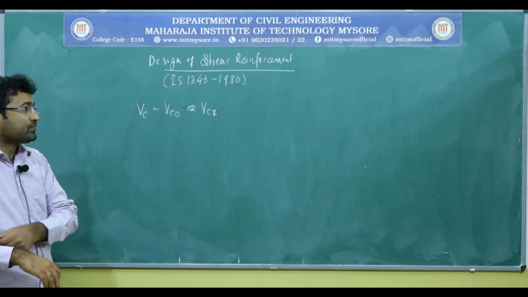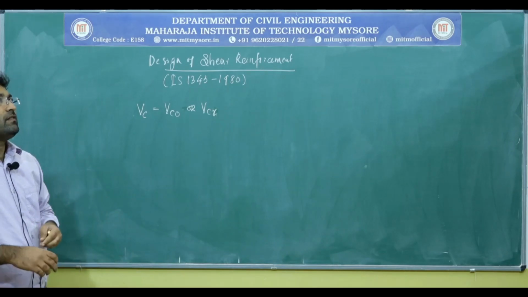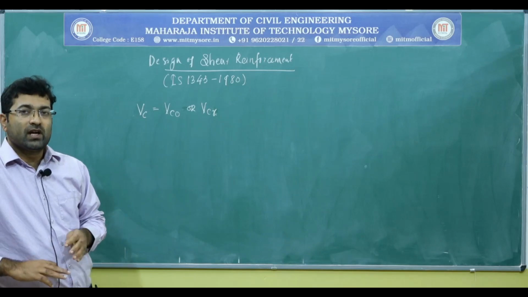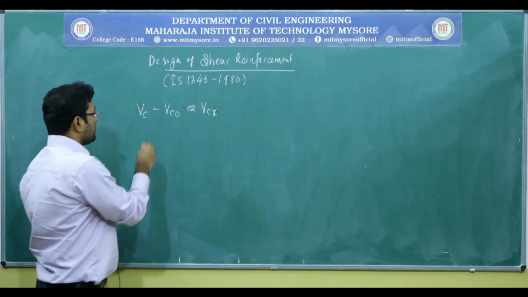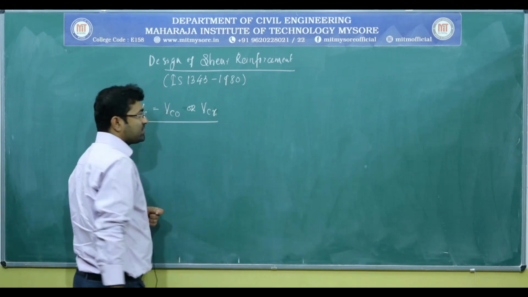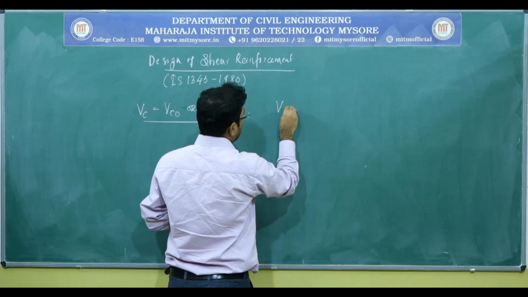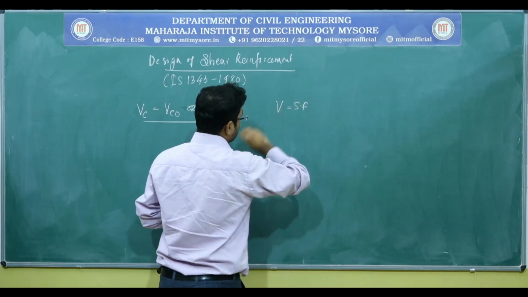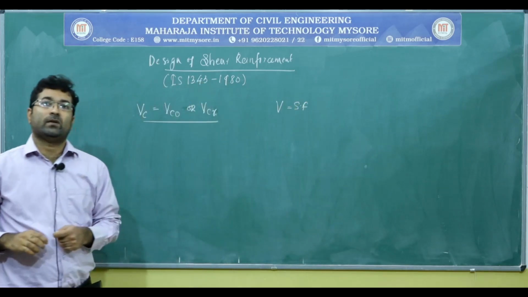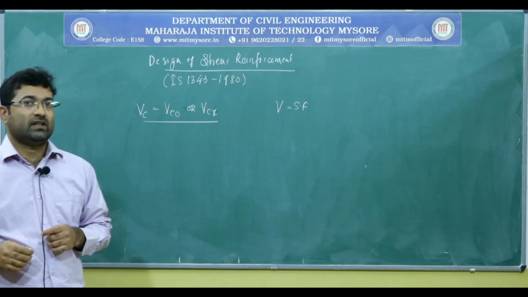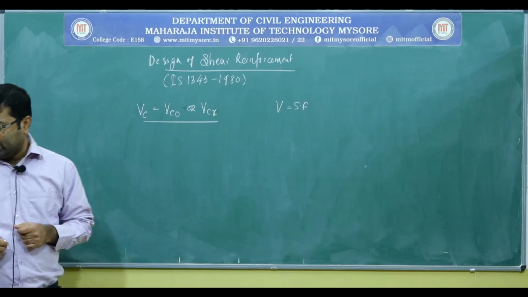So whenever we are designing the shear reinforcement, we have to observe how much is the ultimate shear resistance capacity of the concrete and how much is the actual shear force developing in the beam. These two things we need to observe.